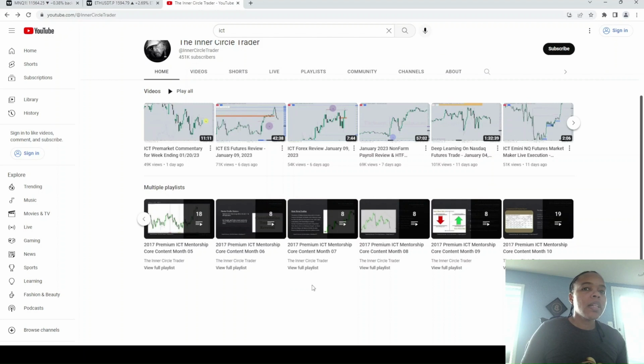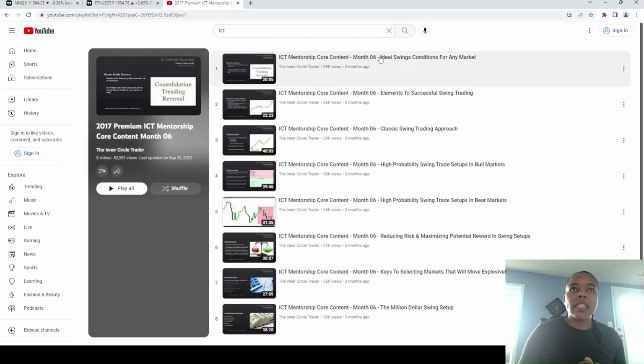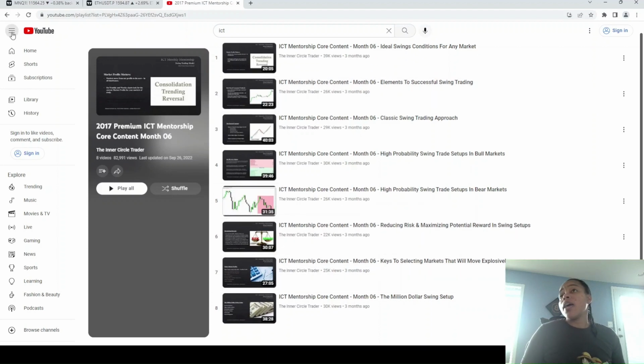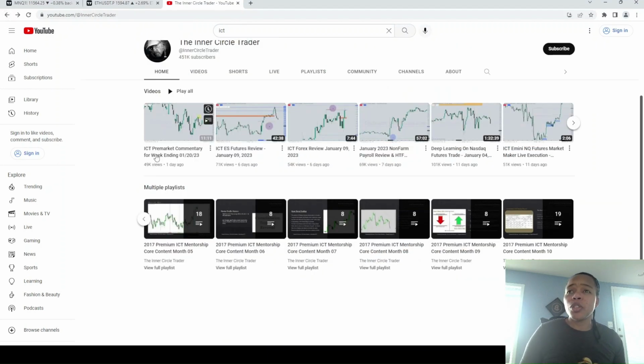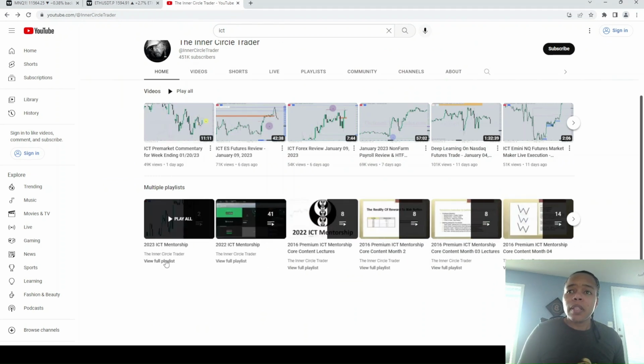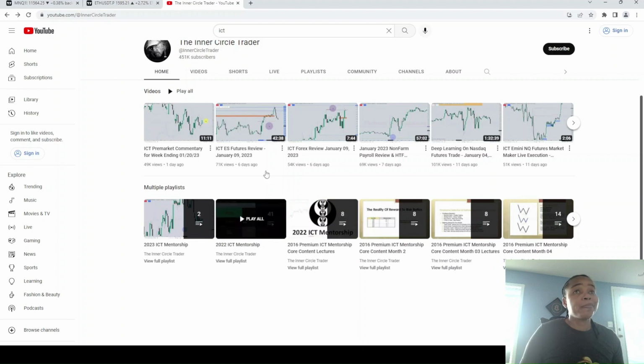I'm constantly fascinated. Ideal swing conditions for any markets, elements of successful swing trading. All right, I've got a lot to get through, not to mention the 2023 stuff that it's just started. So it's all very fascinating. I sat through the non-farm payroll thing last Thursday. That was pretty boss.